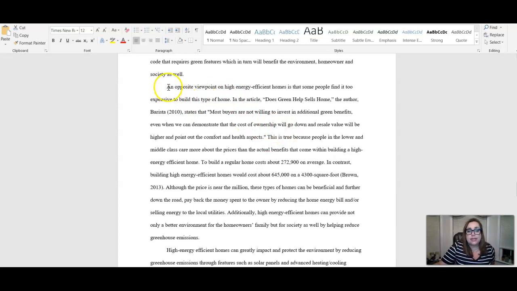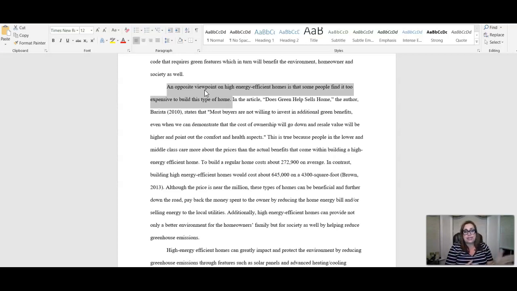And so in his topic sentence, he states, an opposite viewpoint on high energy efficient homes is that some people find it too expensive to build this type of home. Now, he chose to include the words opposite viewpoint. You don't have to do that because there are many ways you can phrase that, but you want to identify this as a different viewpoint than the one established in the essay.